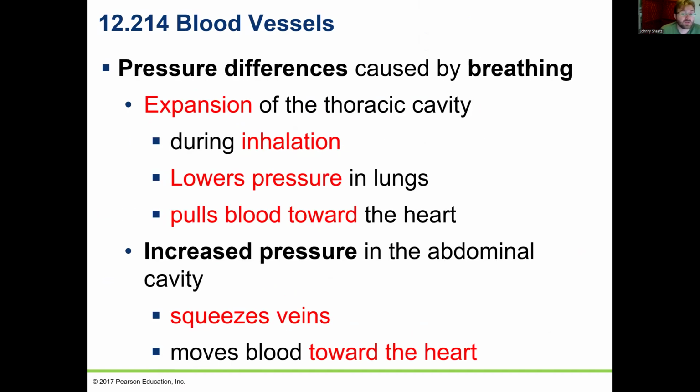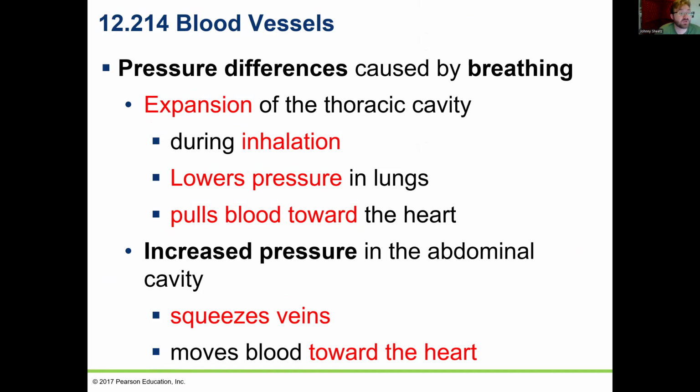Now, pressure differences caused by breathing. The thoracic cavity during an inhalation is going to be pulling blood towards the heart because it's going to be lowering pressure inside of the lungs. When you exhale, this is in turn going to put increased pressure on the abdominal cavity, which is the cavity underneath your lungs, where your intestines are, which in turn is going to squeeze the veins and start moving blood towards the heart.